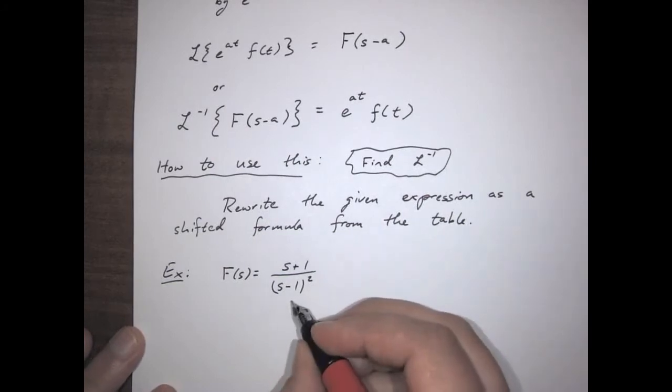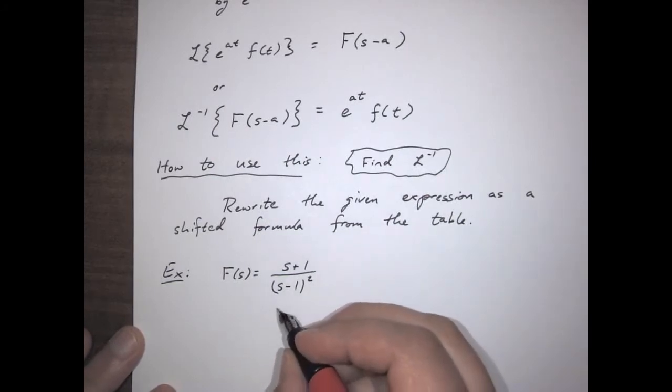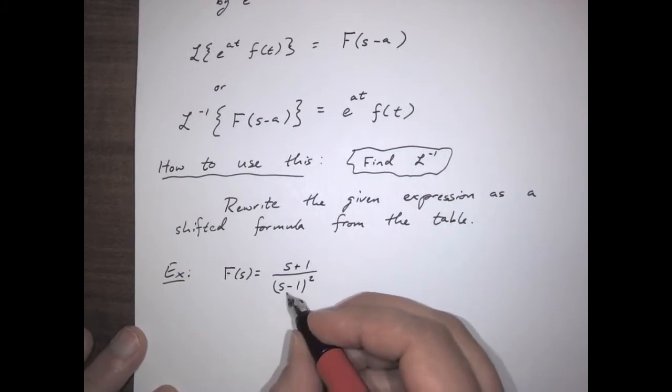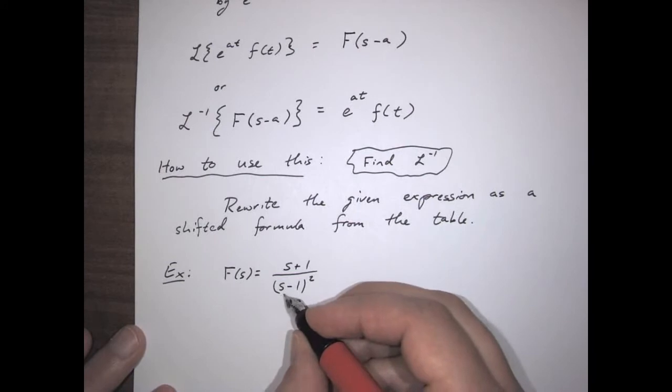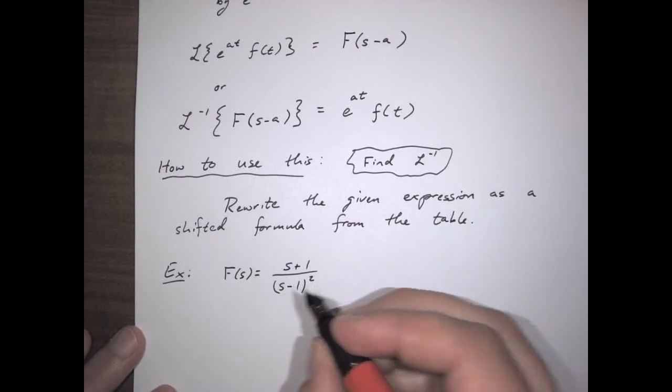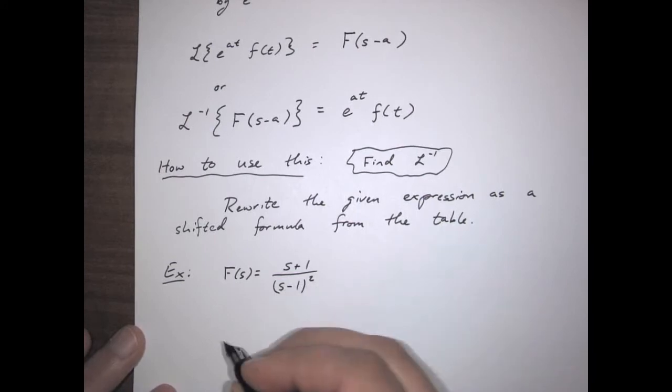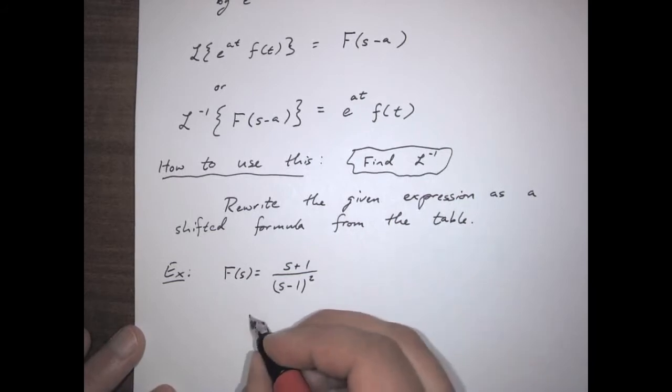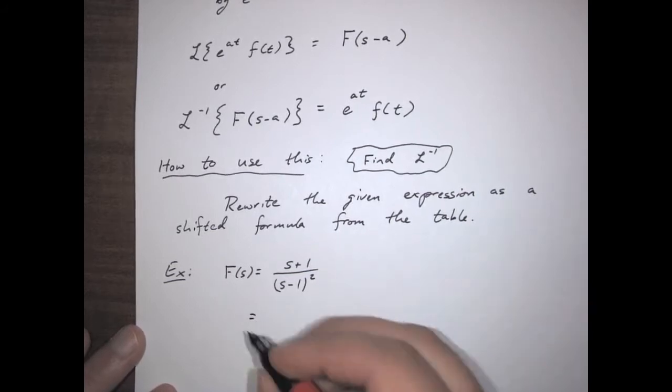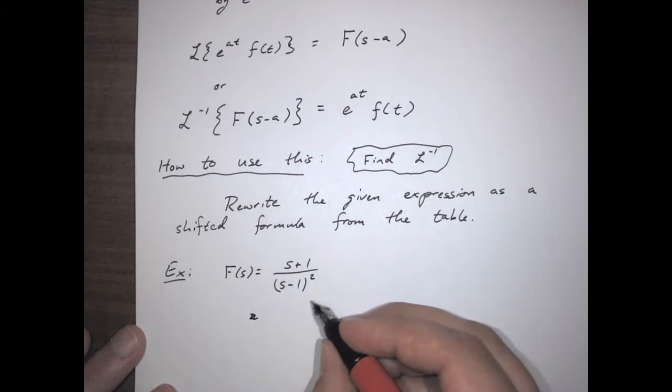If we think about what's important as far as the table is concerned, this s minus 1 squared in the denominator is very relevant. In particular, if we can rewrite the top so that it also is based on s minus 1, then that'll be good.